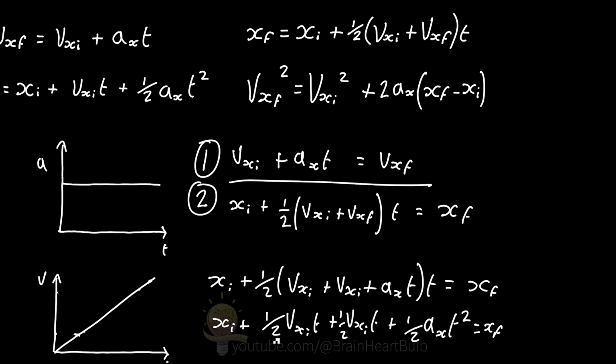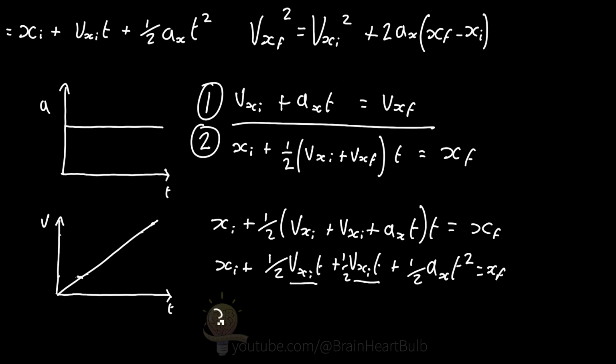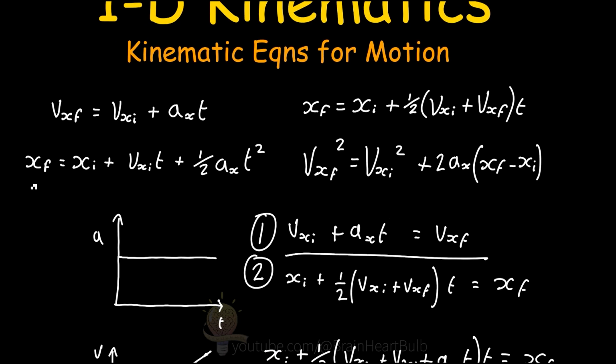So half of this component here plus half of the same component equals 1 of that component. So we get initial position plus the initial velocity multiplied by time, plus half a x t squared, which is equal to the final position, which is the same as this equation up here.